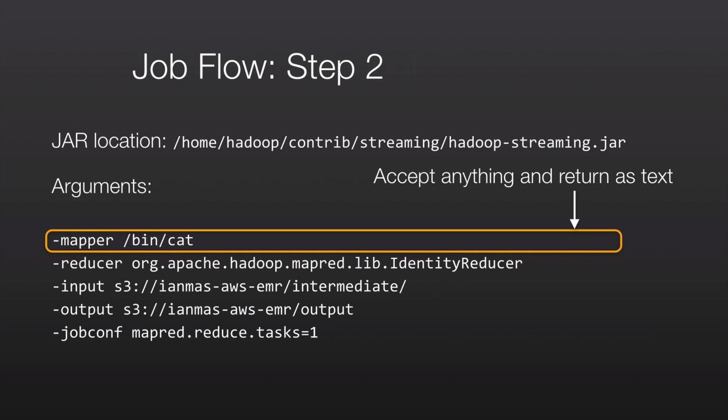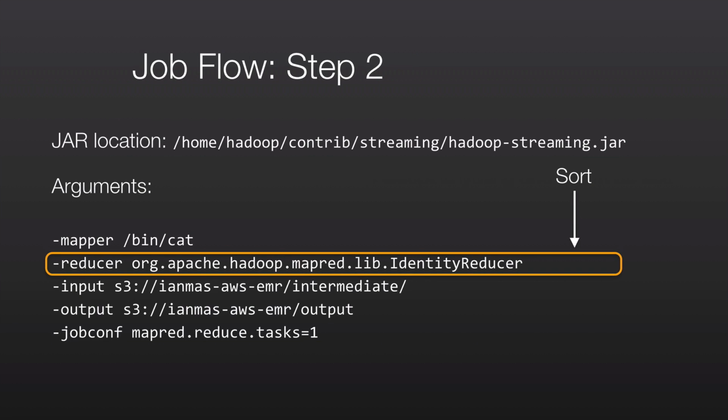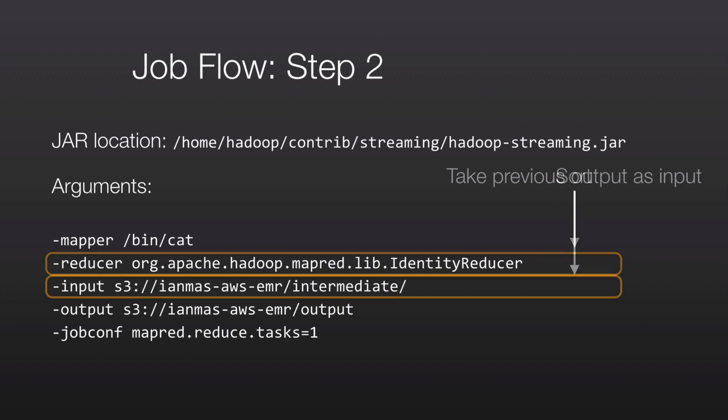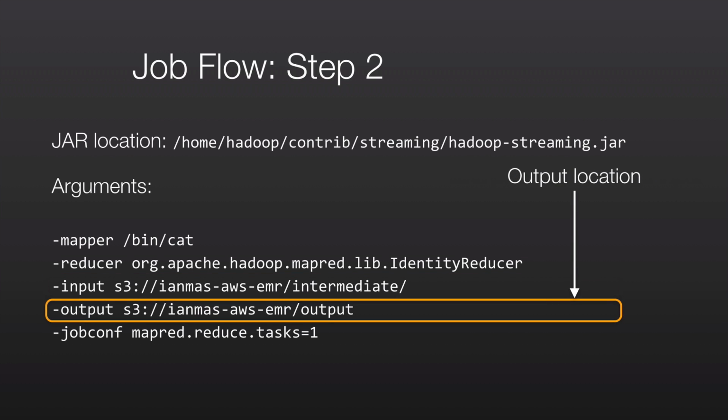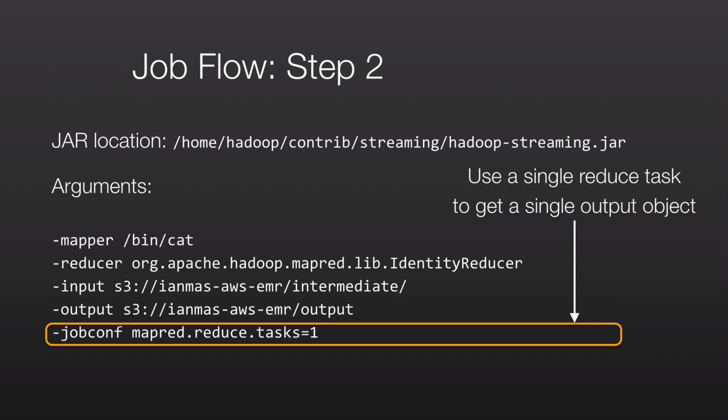We're going to use a mapper of /bin/cat, which accepts anything and returns it as text, and a reducer, which will sort the input from /bin/cat. We're going to take the previous output as the input, and output that into the output location specified here. And because we're going to have a single reduce task, that will give us a single output object.